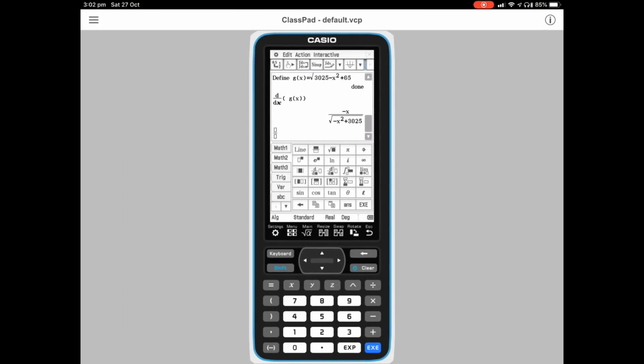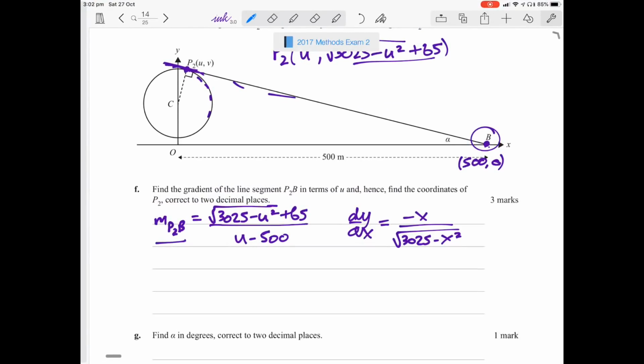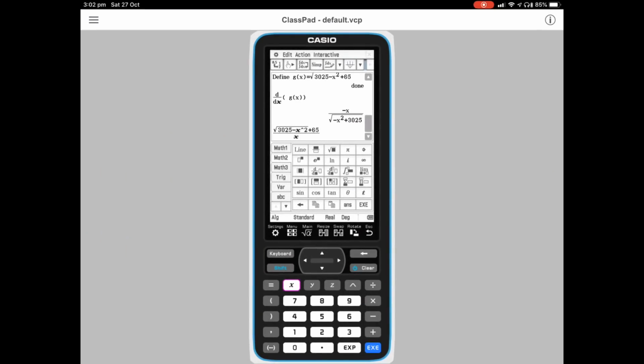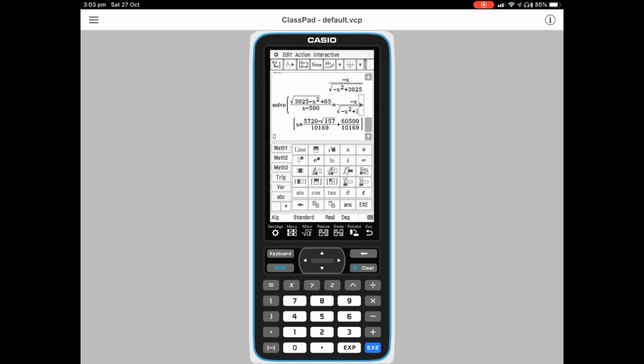So square root 3025 minus x squared plus 65 on x minus 500 is equal to that. Is that right? So the two gradients are equal. Interactive advanced, solve for x.